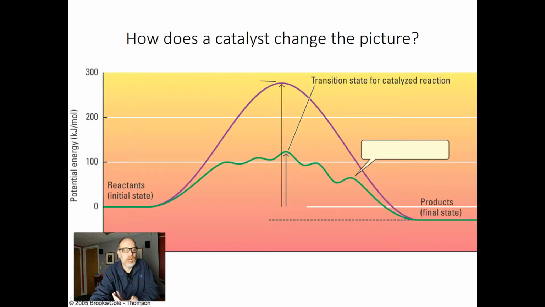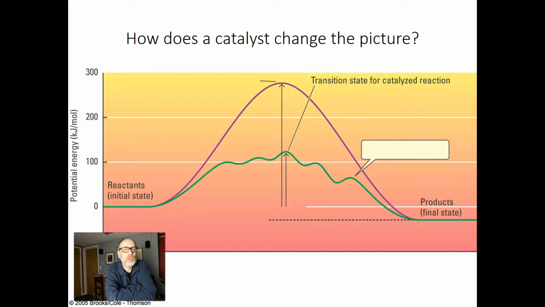Now I want to talk about the idea of a catalyst, which I've brought up before. A catalyst is something that lowers the energy of that activated complex, that transition state. It can do it in one swoop, or there can be multiple smaller activation barriers you have to overcome, but in general the activation energy is going to be lowered.